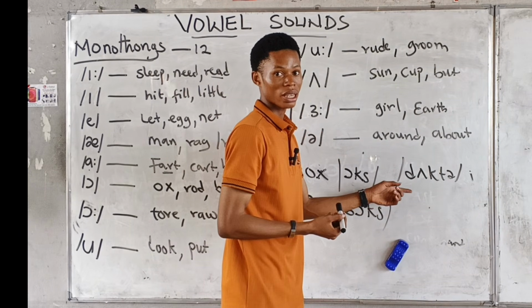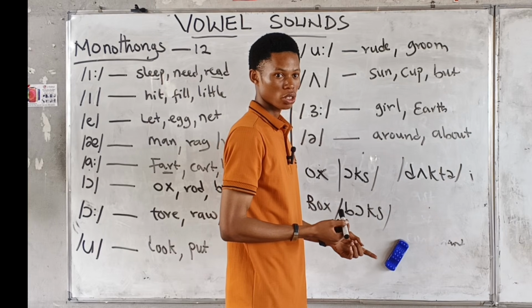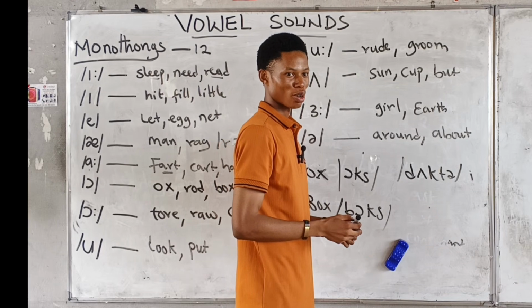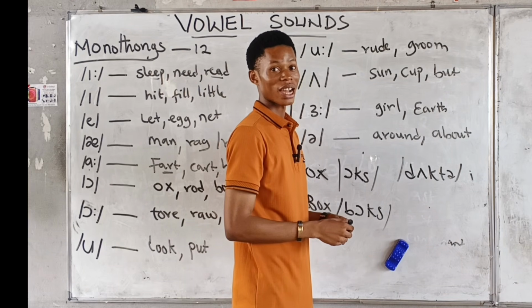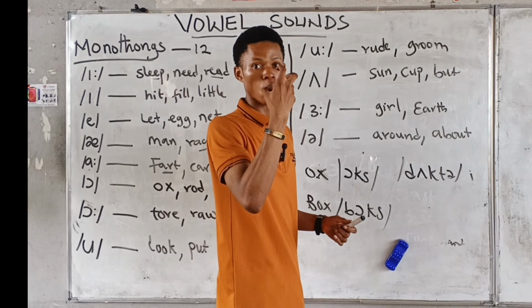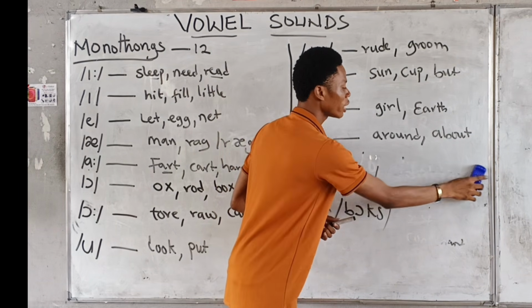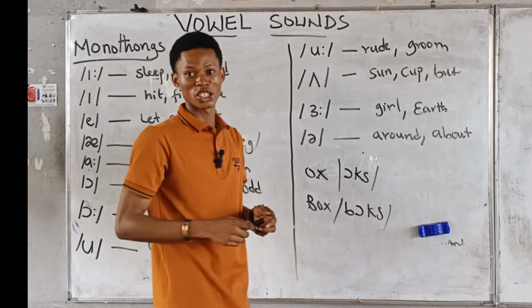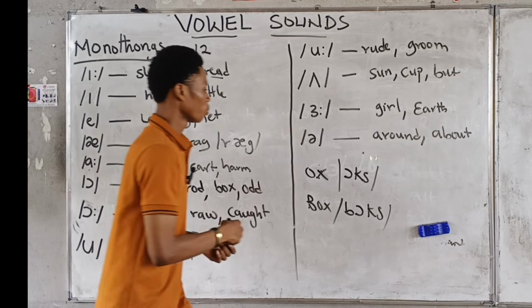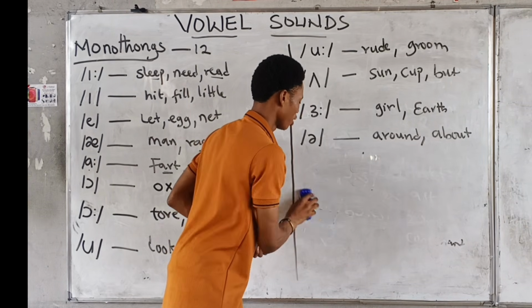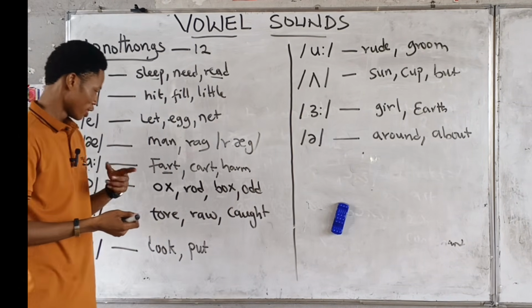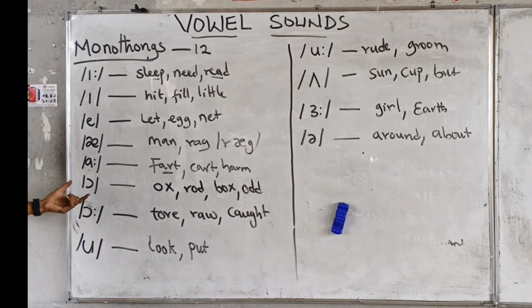So it's actually doctor, not doctor. That is their own fault. That is their own tongue. We are looking at British English, not Ghanaian English. So when you get to Ghana, you say doctor.